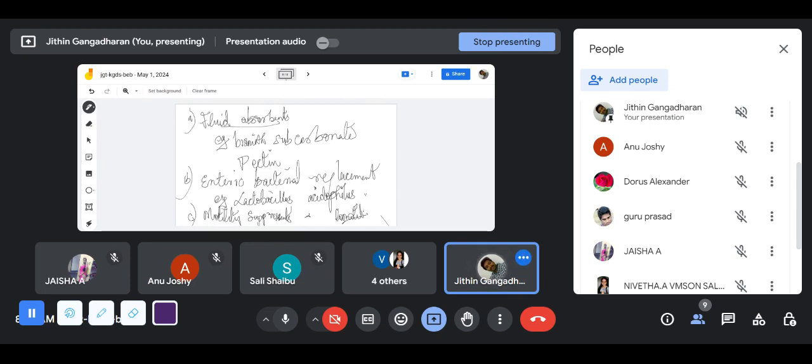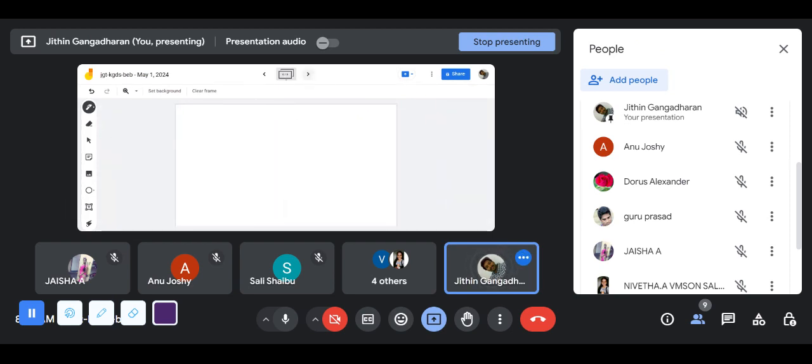The generic name is diphenoxylate. Okay, Lomotil, diphenoxylate. Clear?